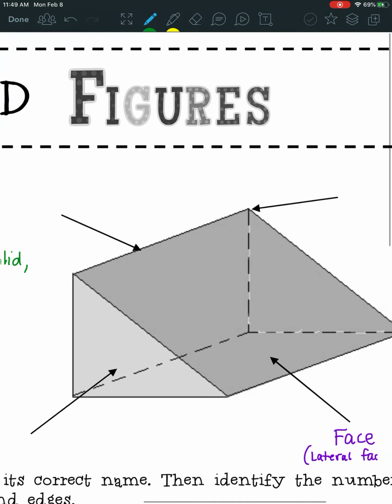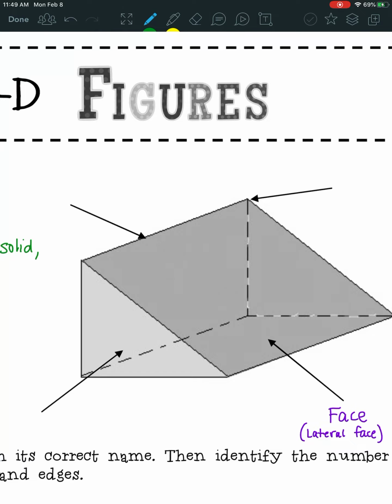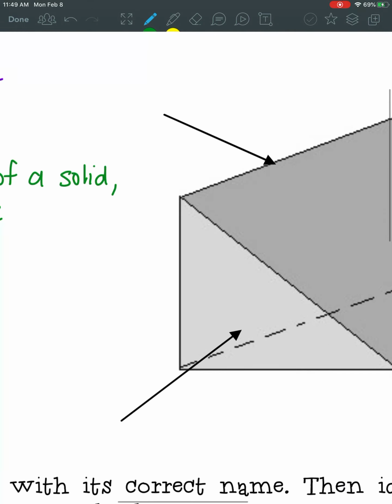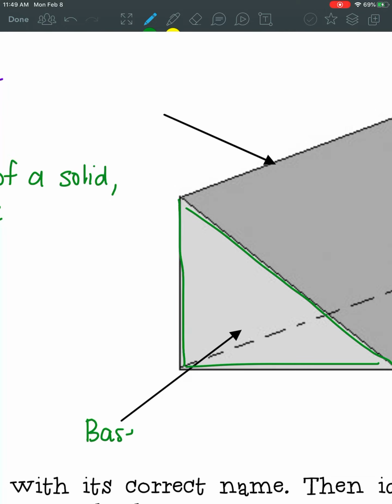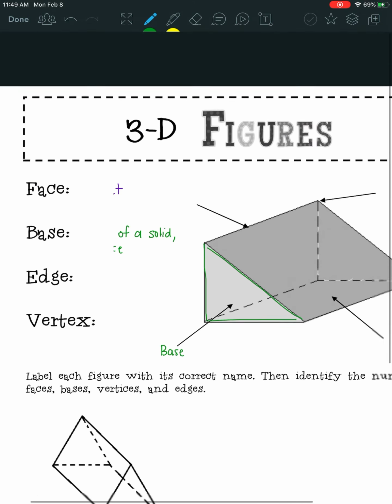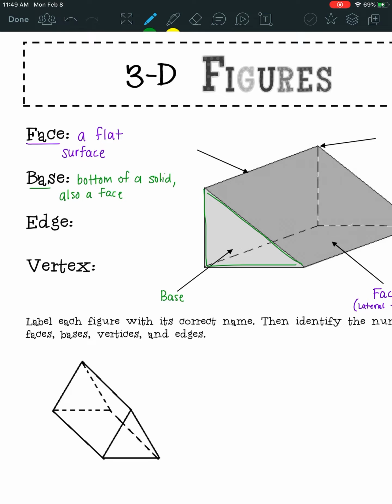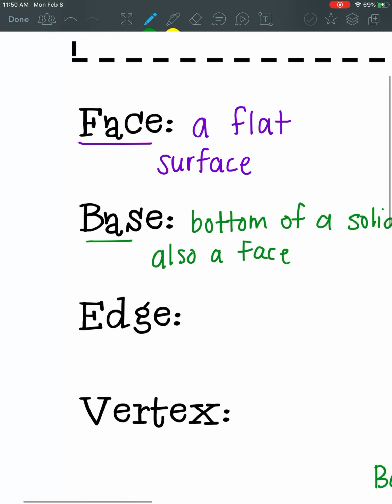So for example, over here, that lateral side, that rectangle is the face. Now here we see it is triangular, so this here is our base, and we call it a triangular prism. Not always is the shape sitting on the base. If you notice here, the base is on the side, so be careful.